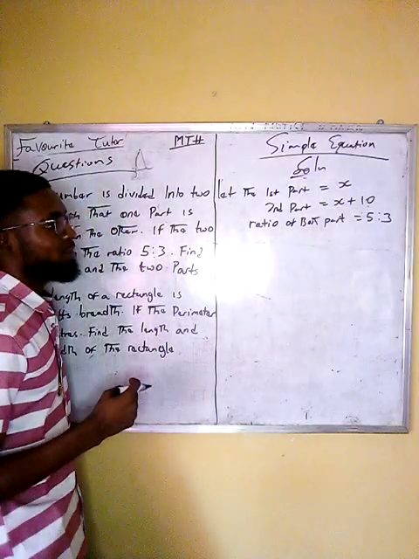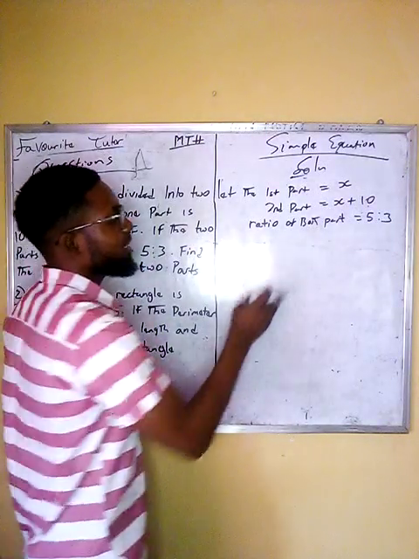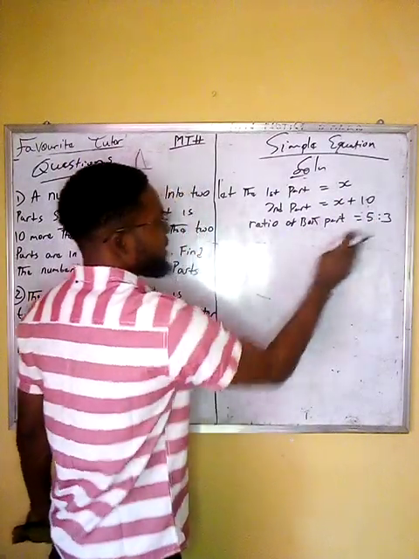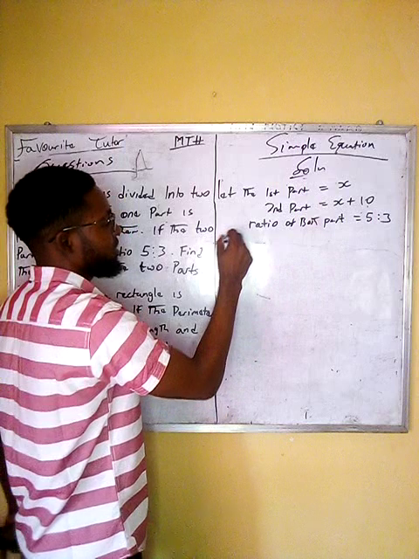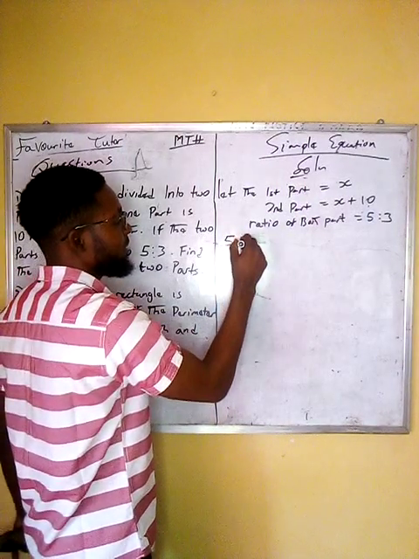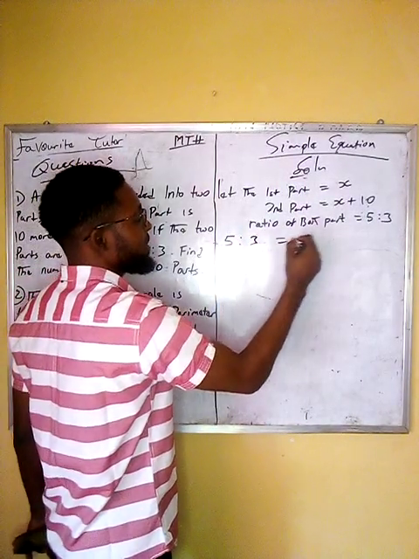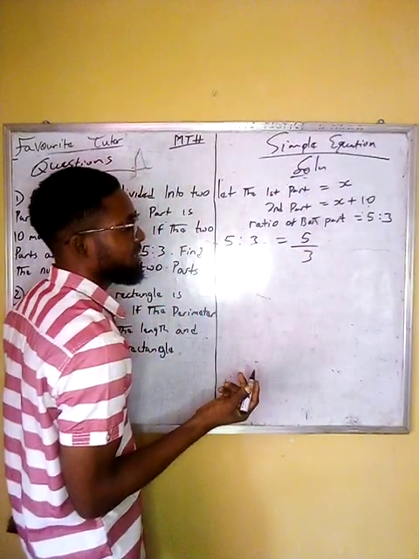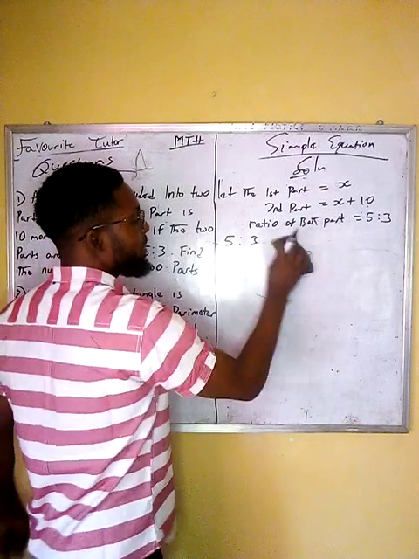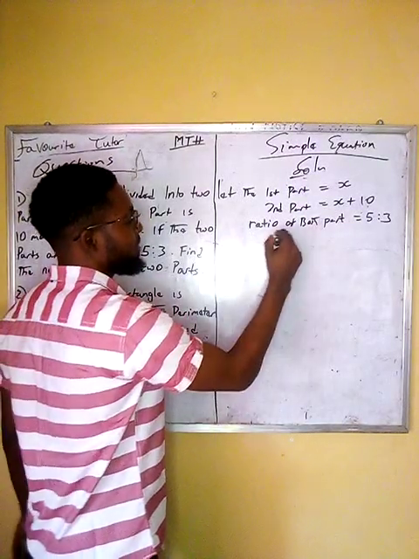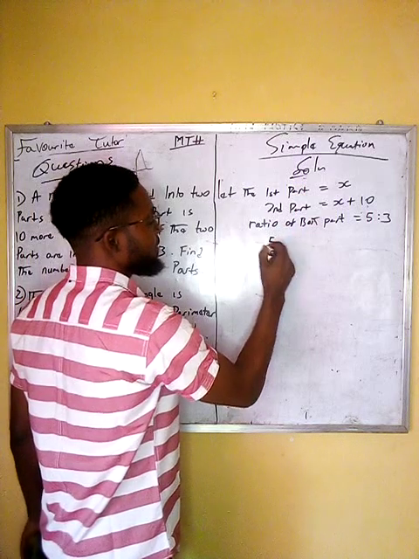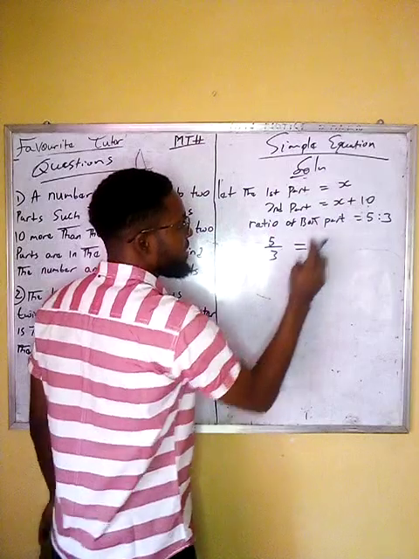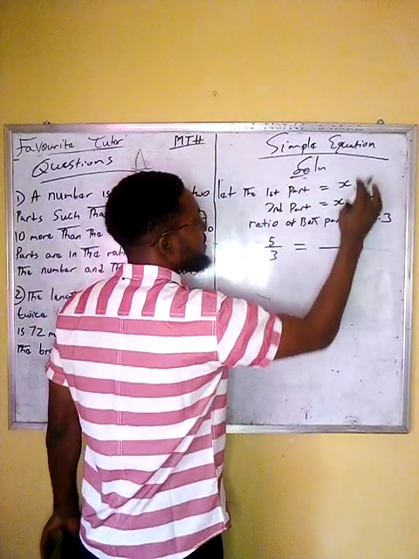Alright, so let us start with the ratio. This ratio symbol is known as division. If I say 5:3, it's the same thing as 5 divided by 3. So if I bring out the ratio, 5 divided by 3 equals the division of the two parts.